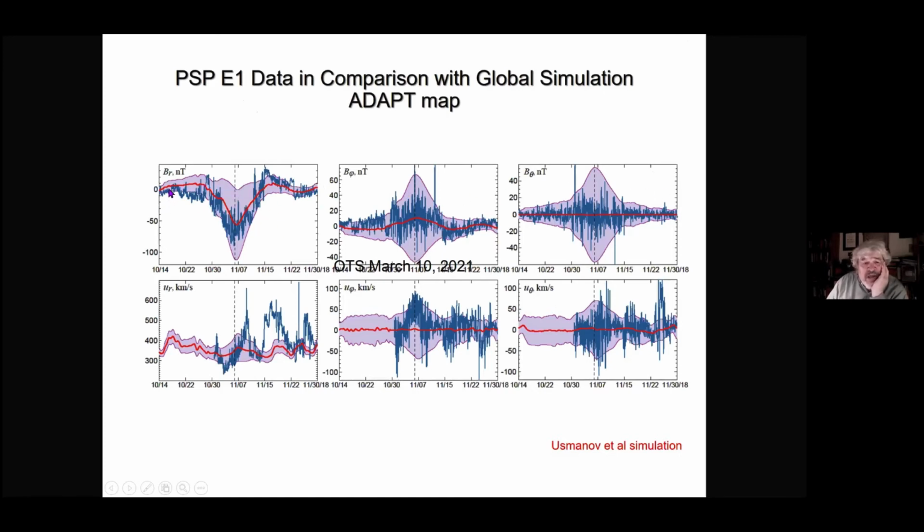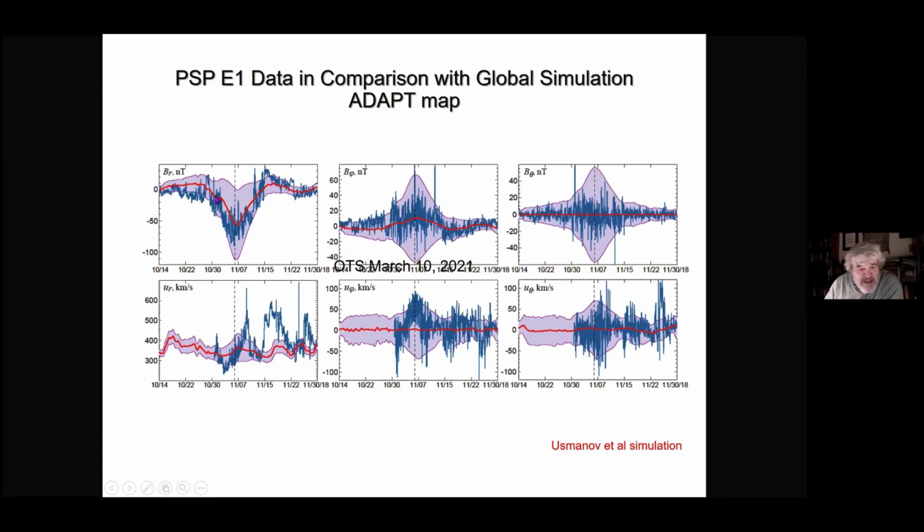The top three are the three components of the magnetic field during that encounter, measured by Parker, and the bottom three are the radial, azimuthal, and latitudinal flow components, also from Parker in dark blue.